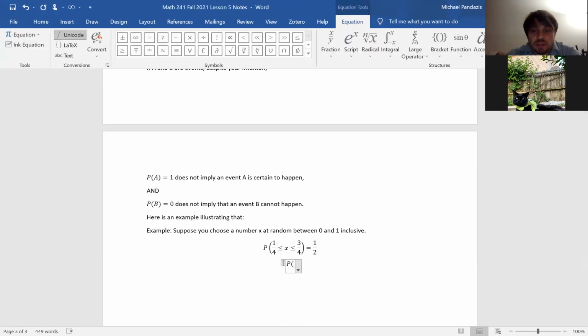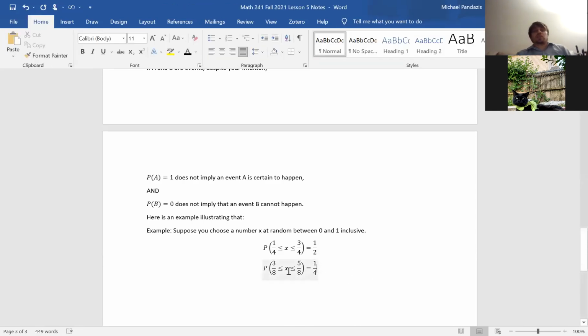Now, if you take the probability of 3/8 ≤ X ≤ 5/8, then that's equal to, well, 3/8 to 5/8, that's 2/8. So that's 2/8 of the entire interval, and so that's 1/4.